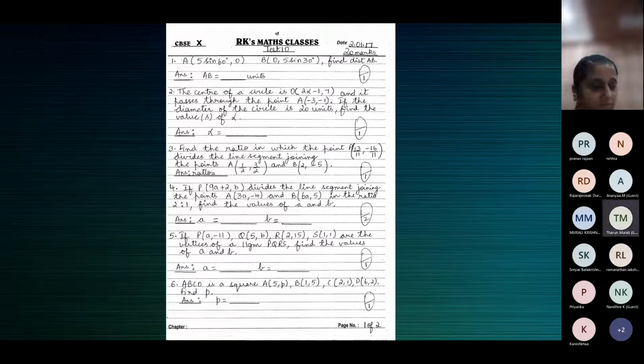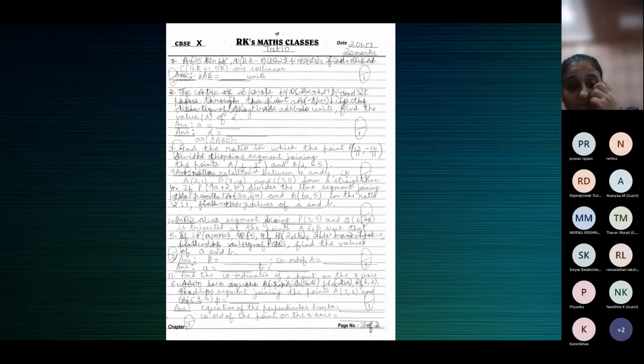Ma'am, 4 alpha square plus 8 alpha minus 32 is equal to 0. Very good. Did you divide that by 4 throughout? Yes, ma'am. So you got alpha square plus 2 alpha minus 8 is equal to 0, right? Yes, ma'am. Very good, Tarun Murali.